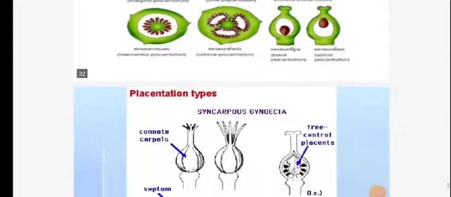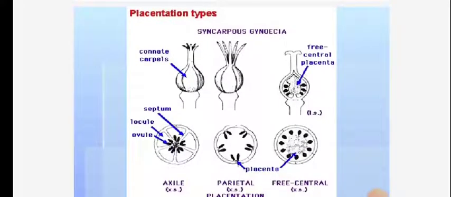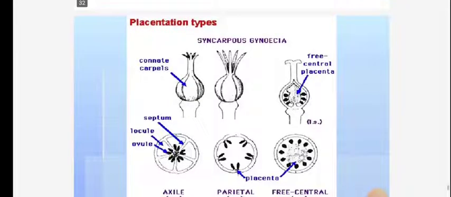So remember this one. So these are all again placentation types for your observation. Okay, so you see the parietal placentation, axial, free central, then there is a connate type of the carpels in the syncarpous condition.